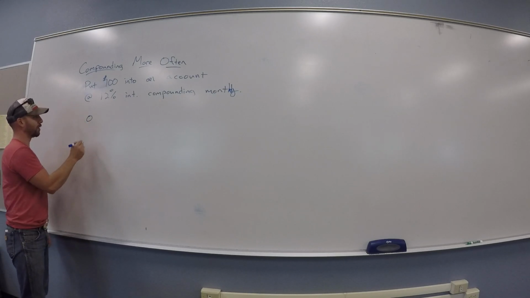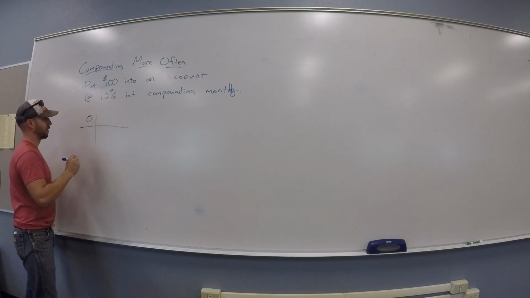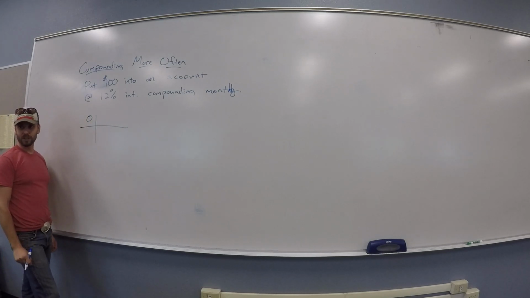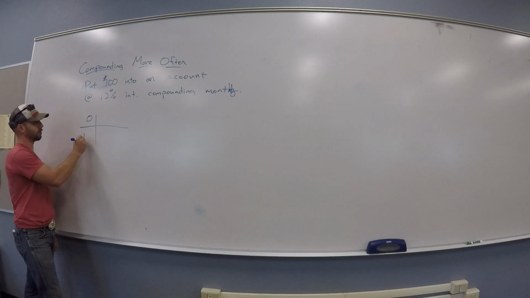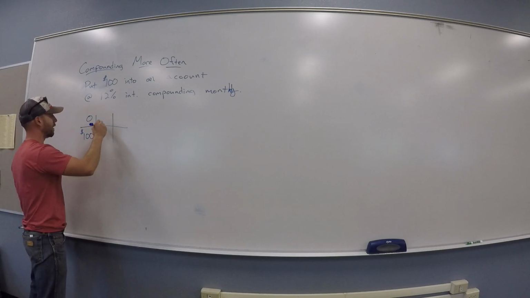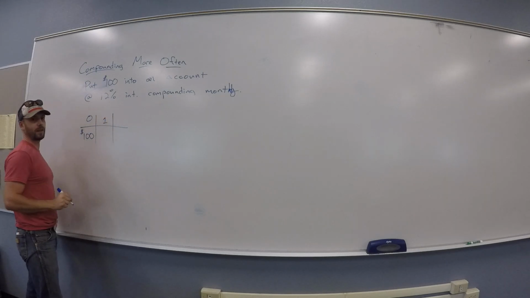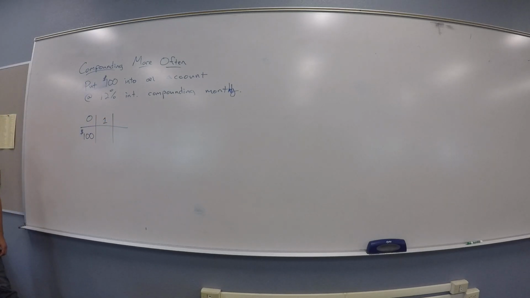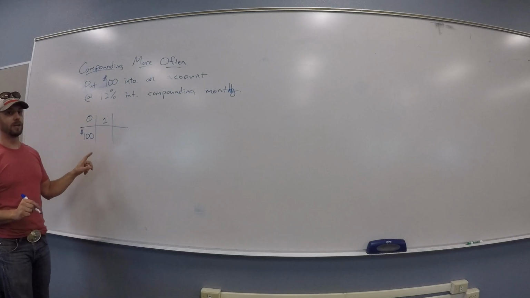So, in month 0, how many dollar bills do you have? 100. You have $100. At the end of that month, in month 1, how many compounding periods have passed?